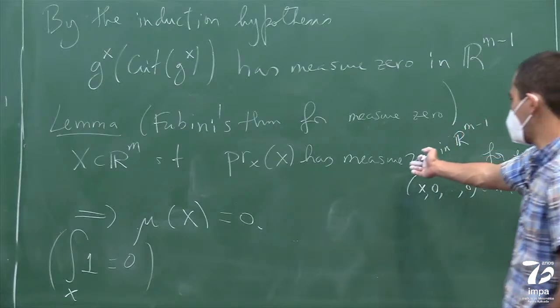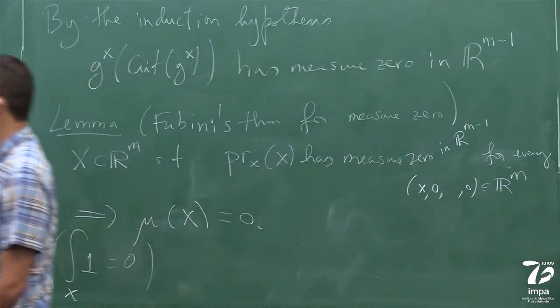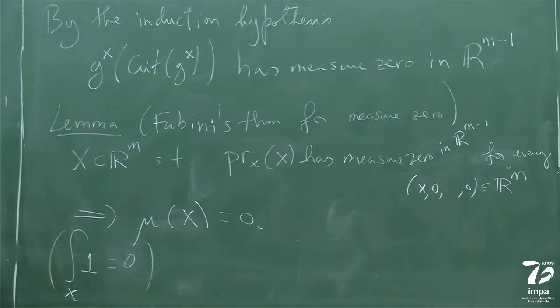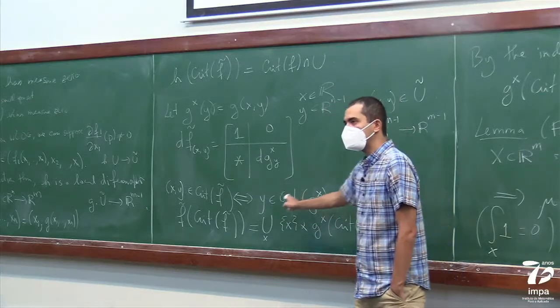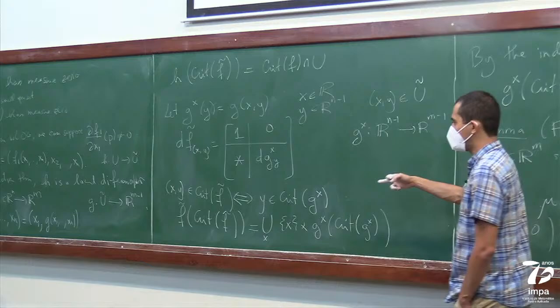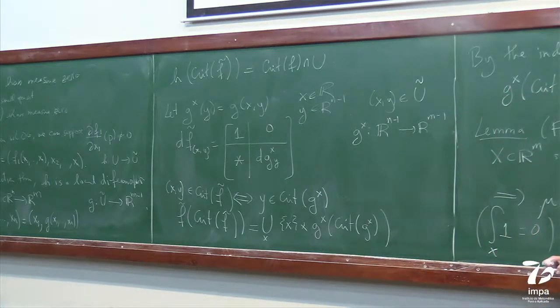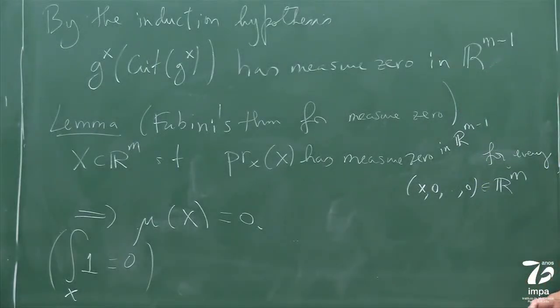Of course, now if we know this, then this is a union over x of all these slices. So by this Fubini theorem, the critical value set of F tilde has measure 0. And that finishes the induction, and that's the end of Sard's theorem. All right, so we'll stop here for today.